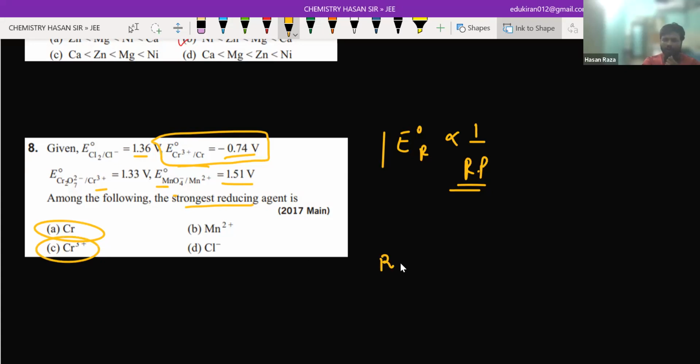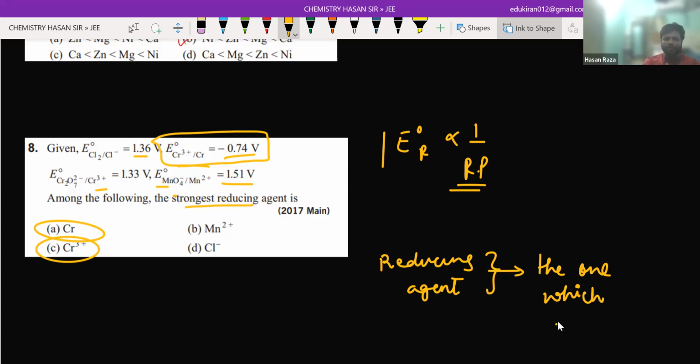Now you are going to look at this reducing agent. What does reducing agent mean? The one which oxidizes, right? Yes or no?